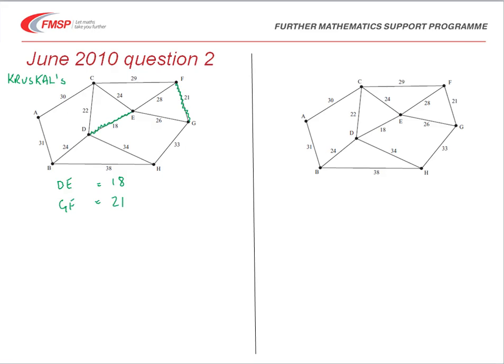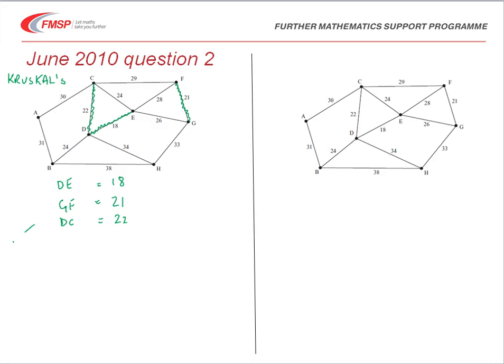Following on, DC is 22. And then the next one is size 24. Now there are two of size 24, DB and CE.